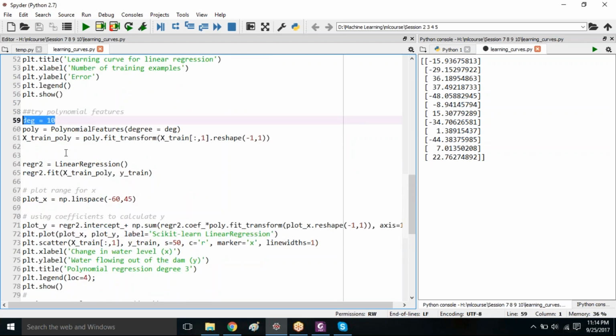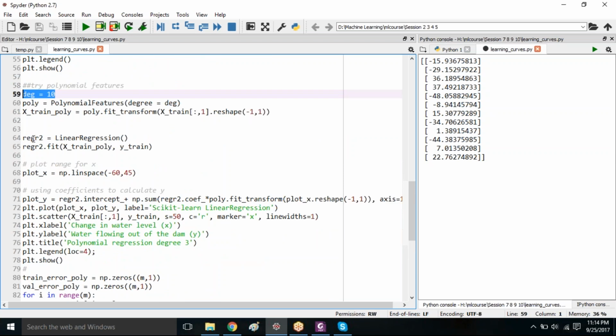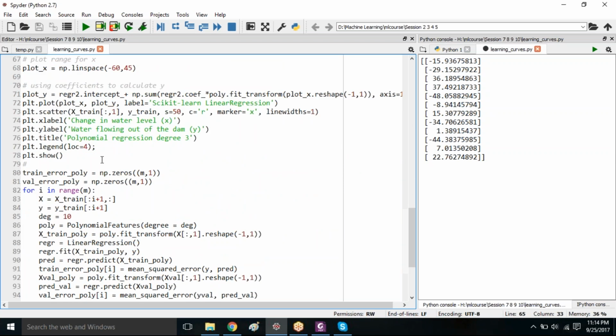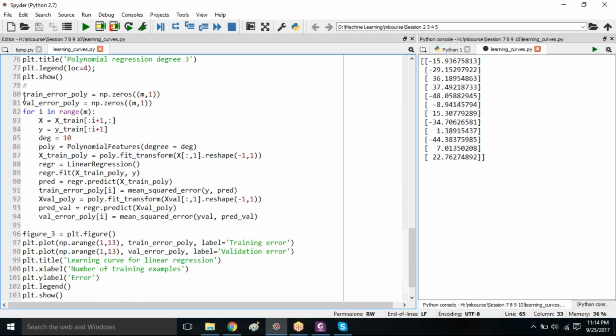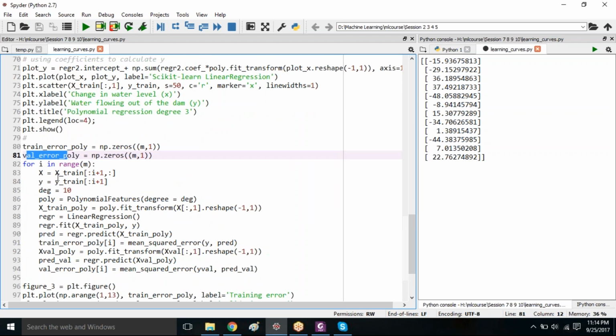I will come to the feature part, but the learning part is the same, plotting it. And then again the same looping kind of thing. Again I have taken train error, val error for the polynomial data, like 10 degree I have taken. Again in a loop, like initially 1 1 value, then 2 2, 3 3, 4 4 in the x and y both. So I will go till 12, but I am fitting a 10 degree polynomial.